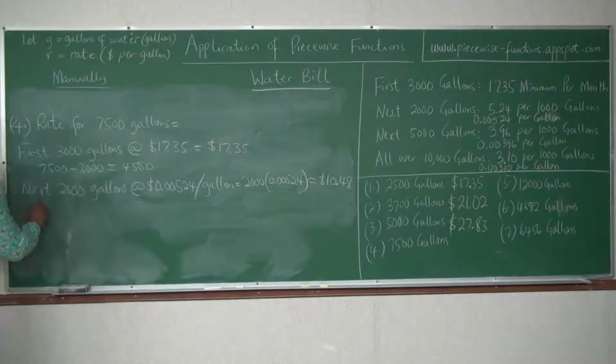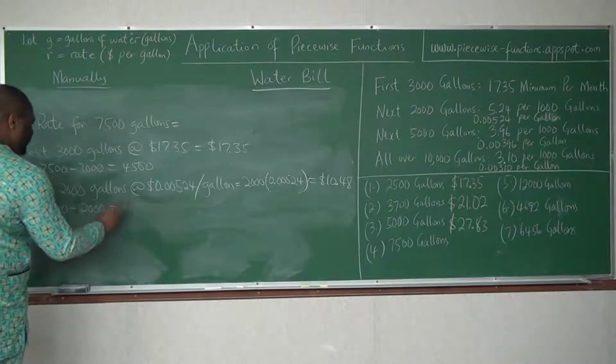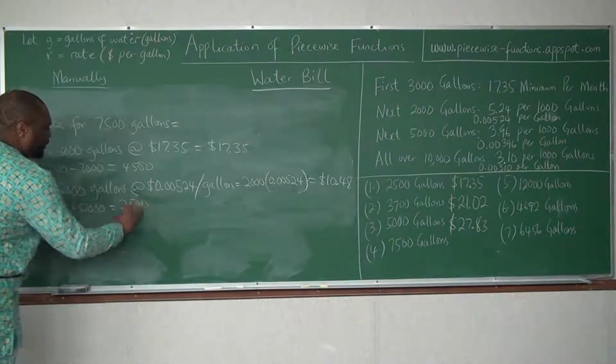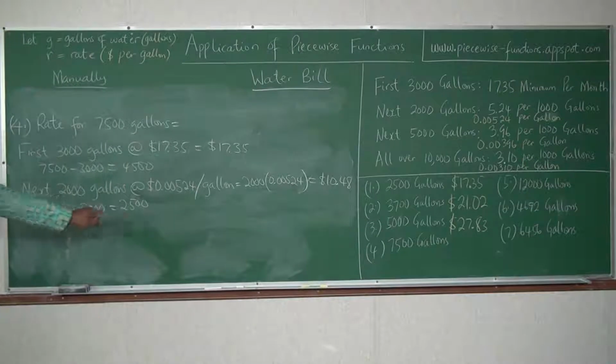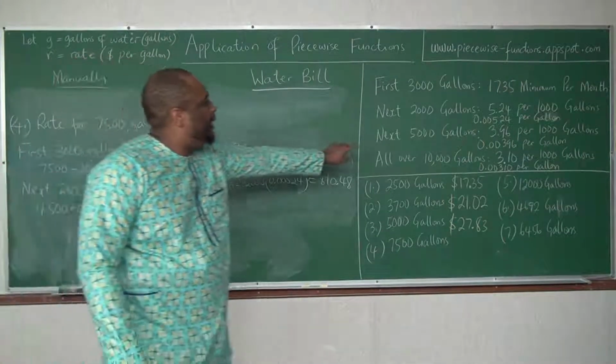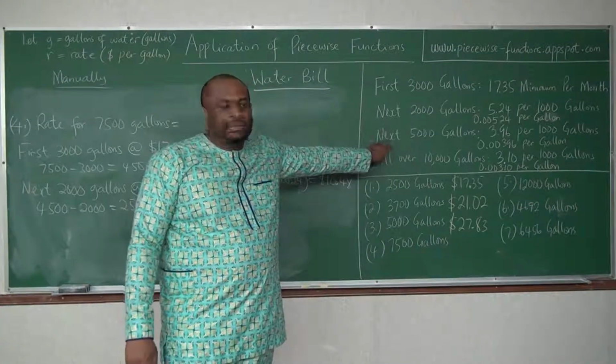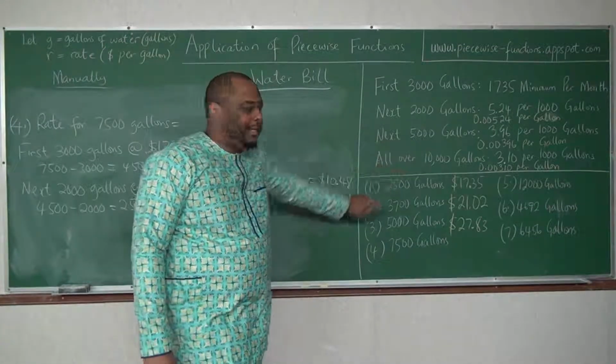So we now do 4,500 minus 2,000. And that is 2,500. So the 2,500 gallons falls in the next 5,000 gallons.